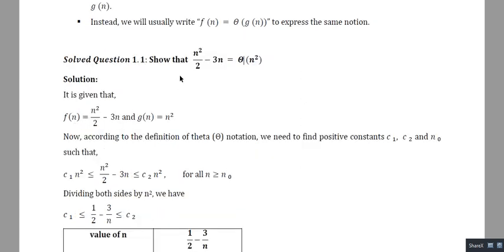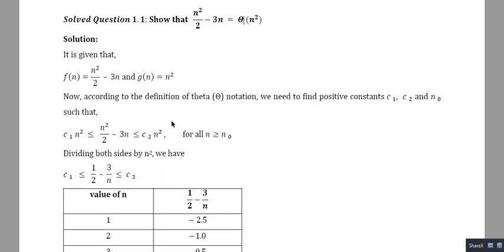So f(n) equal to this and g(n) equal to this, right? The target is to prove that the f(n) value lies between c1 g(n) and c2 g(n) for some suitable positive values of c1 and c2 and some suitable value of n0, right?